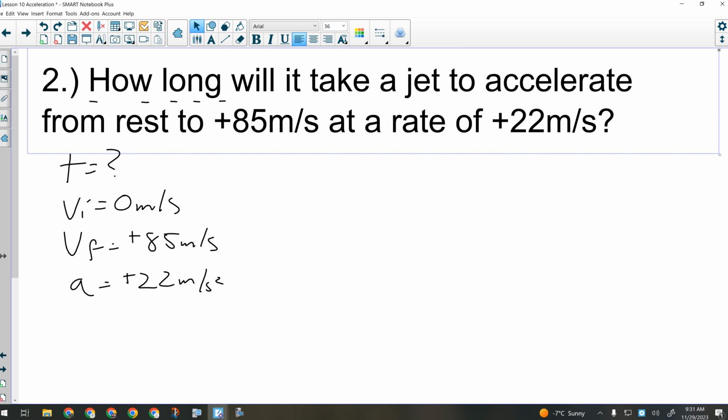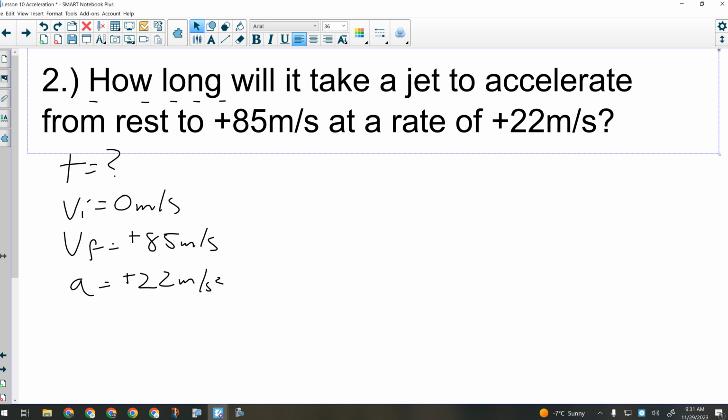Rate of. It said it's changing its velocity at a rate of this, but what were the units for it? Meters per second squared. I've got to know what the units for each of the variables are. If I get something in joules, that's energy. If I get something in newtons, that's force. If I get something in kilometers per hour, that's speed or velocity. Everyone kind of follow me there?